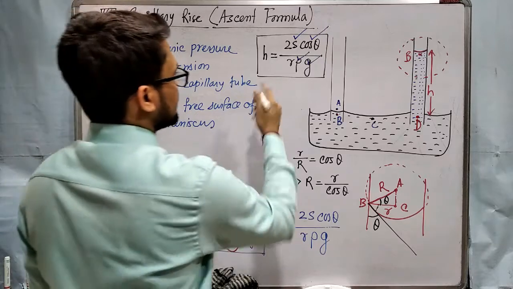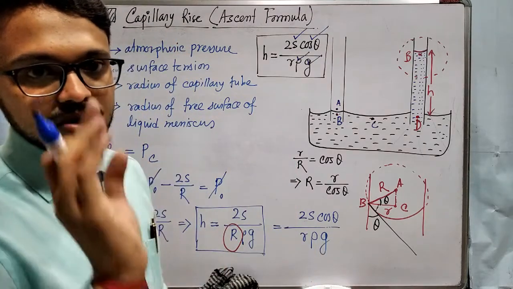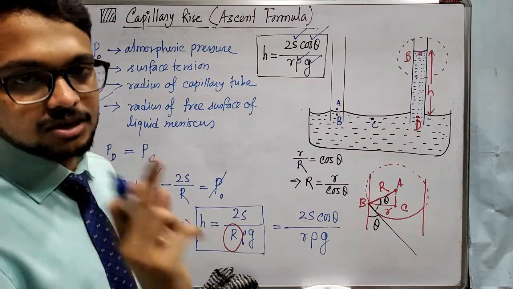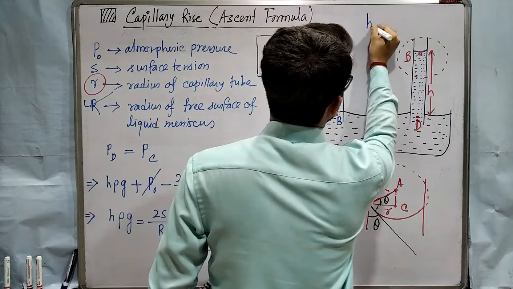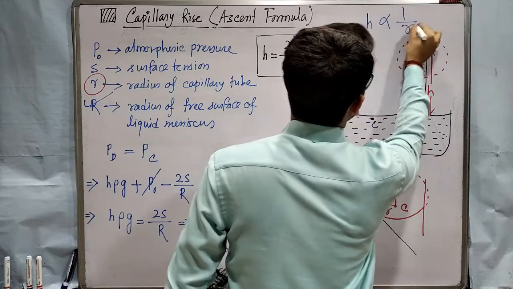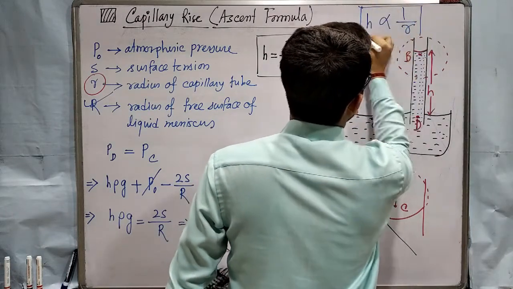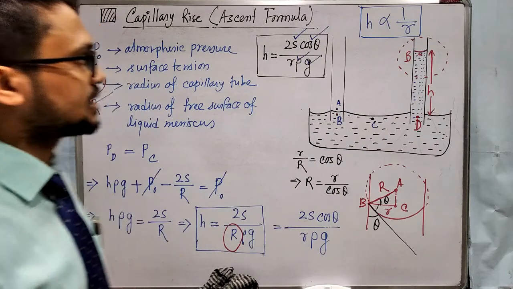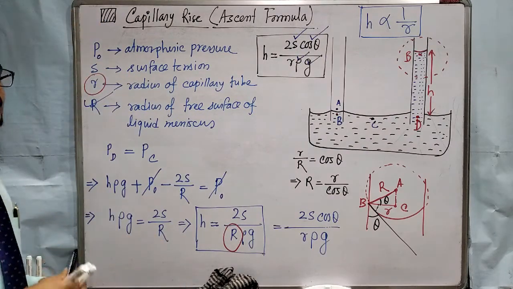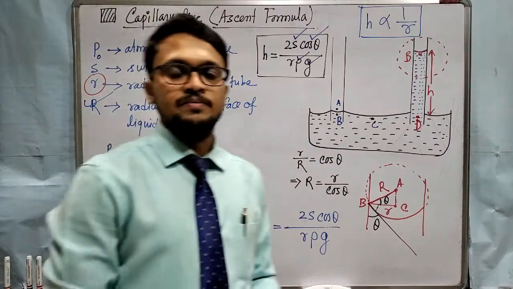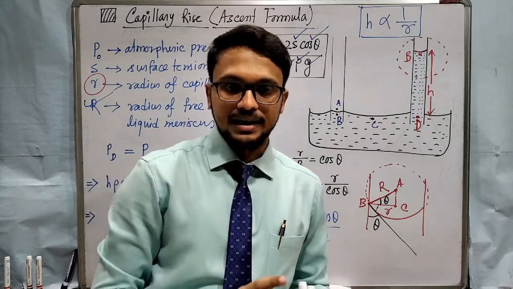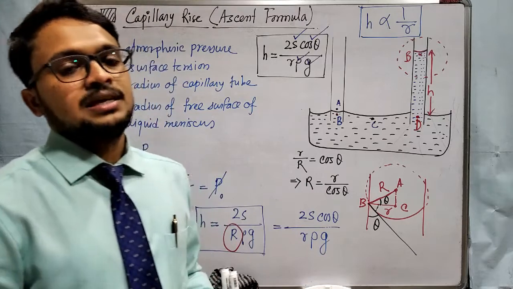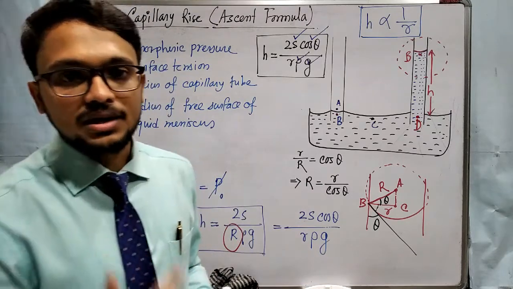So if the nature of solid and nature of liquid are the same, then we get h is inversely proportional to the radius of the capillary tube. More radius means it will go up by a small height. Small radius means it will go up by more height.